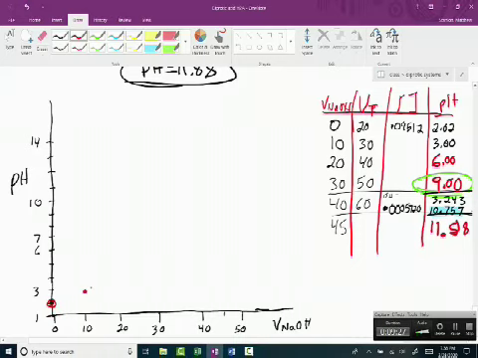It's going to get a little crowded this time. At 20 I get 6. At 30 I get 9, right about in here. At 40 I get 10.75, not much difference. And at 45 I get 11.88. Now that's almost 12. I should be up higher.